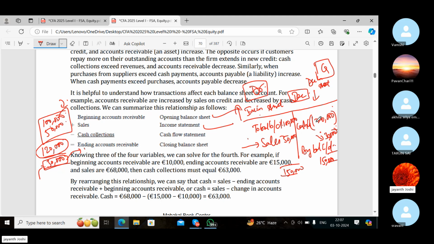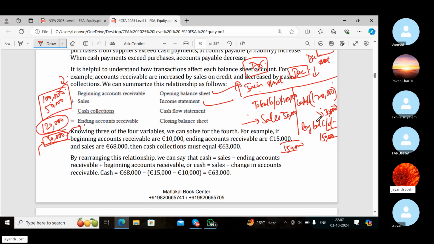Now you can see the example here. Just go through this example. Knowing 3 of the 4 variables, we can solve the fourth. If you know any 3, you can know the fourth.